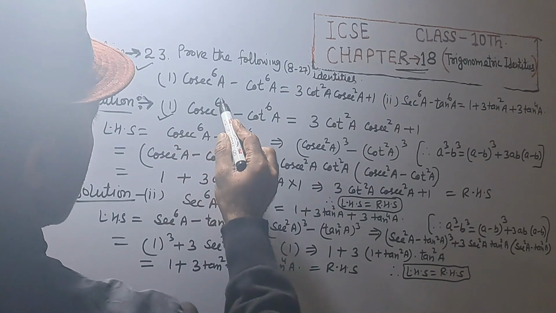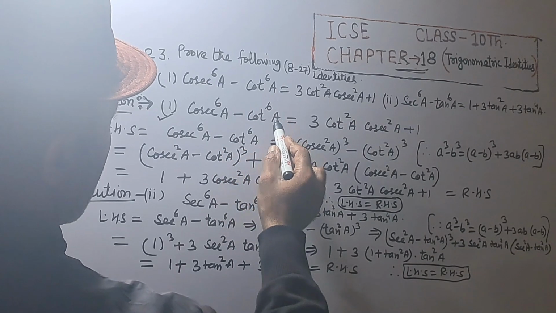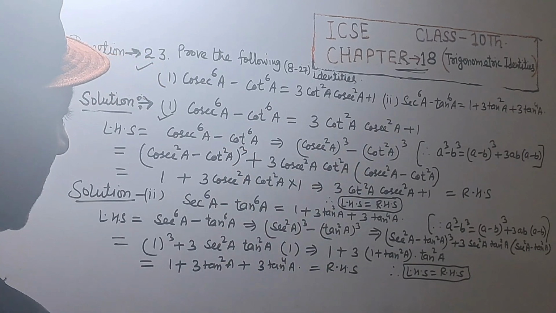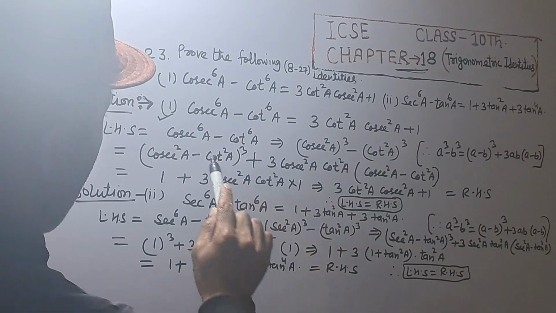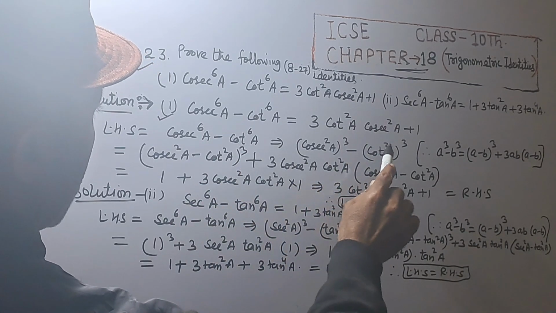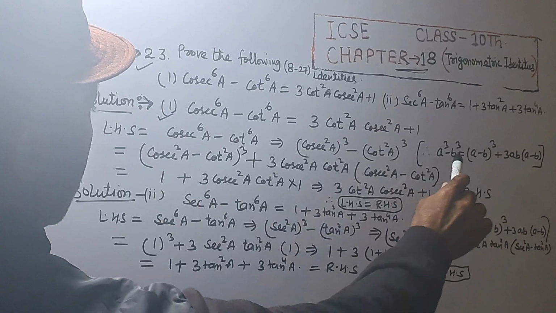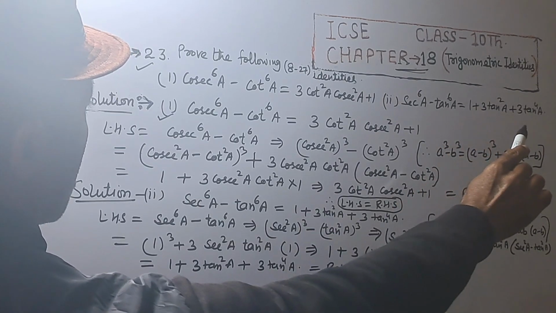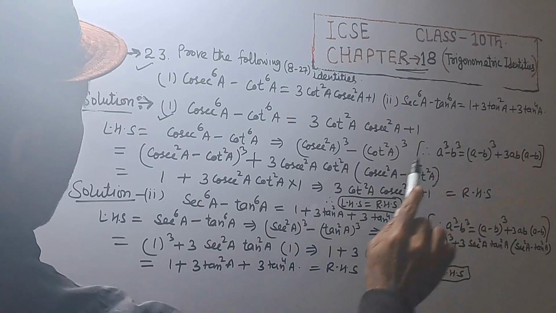Given: cosec^6 A minus cot^6 A equal to 3 cot^2 A (cosec^2 A plus 1). Taking left hand side, that is a cube minus b cube, equal to (a minus b)^3 plus 3ab into (a minus b).